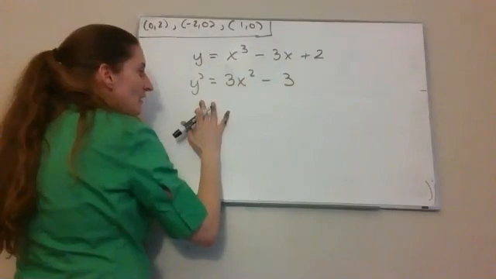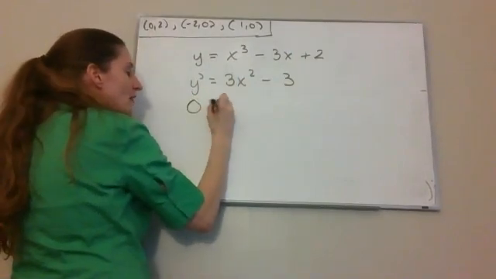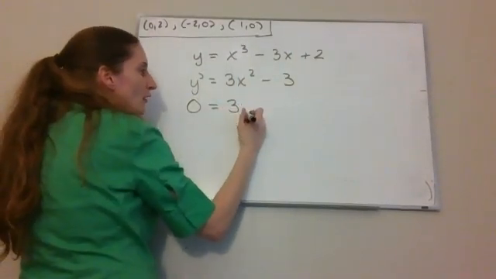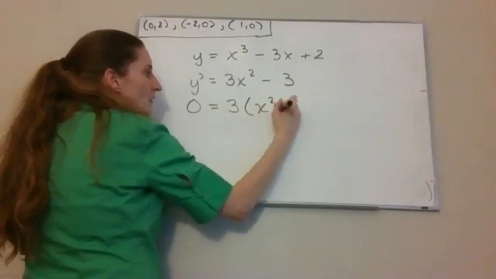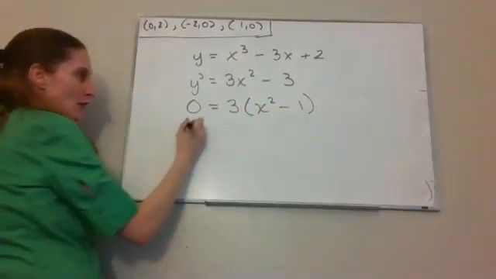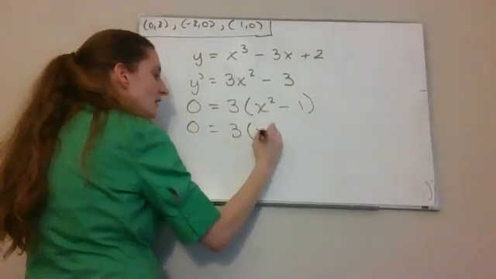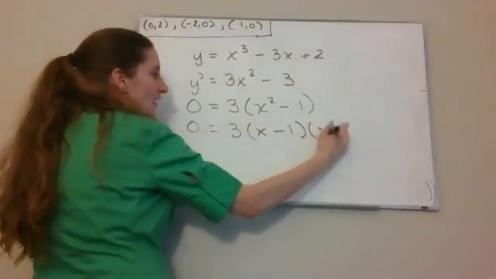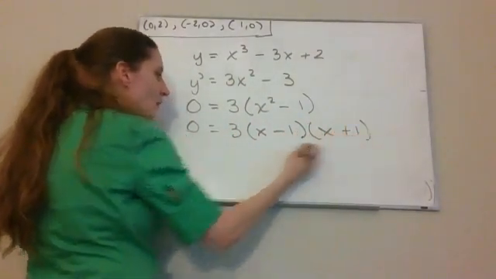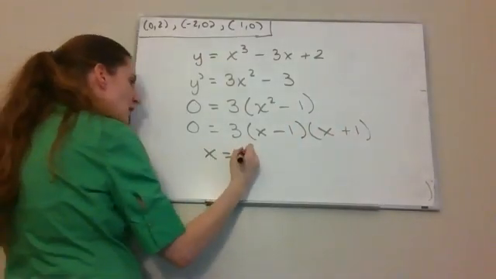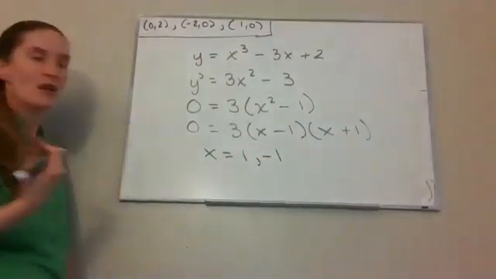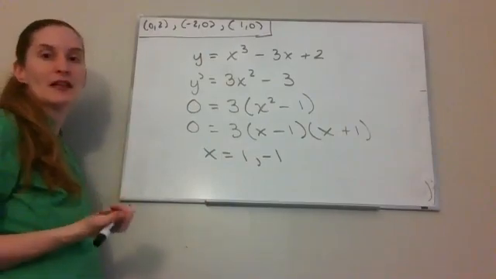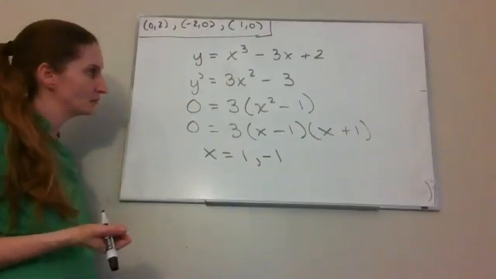Now this is defined everywhere, so I just need to find where it's equal to 0 for my critical points. I can factor out a 3, and I can continue factoring to get an x minus 1 and x plus 1. So x equals 1 and -1, those are my candidates for being relative maxima or minima.